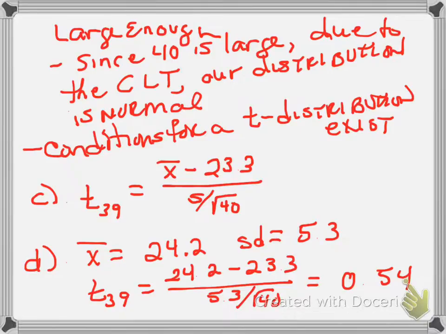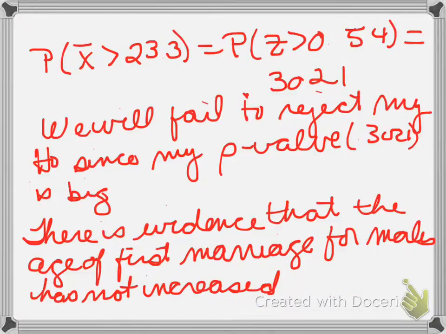Okay, I realized I made a mistake. I'm sorry. I had n equals 10 in my calculator. I was wondering why I got a different answer. So the z is going to be 1.07.